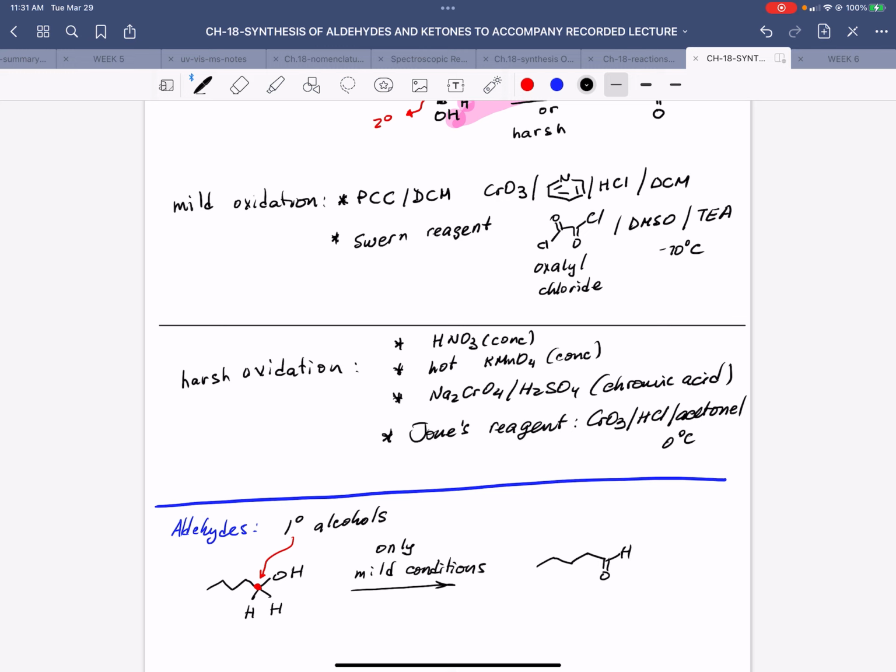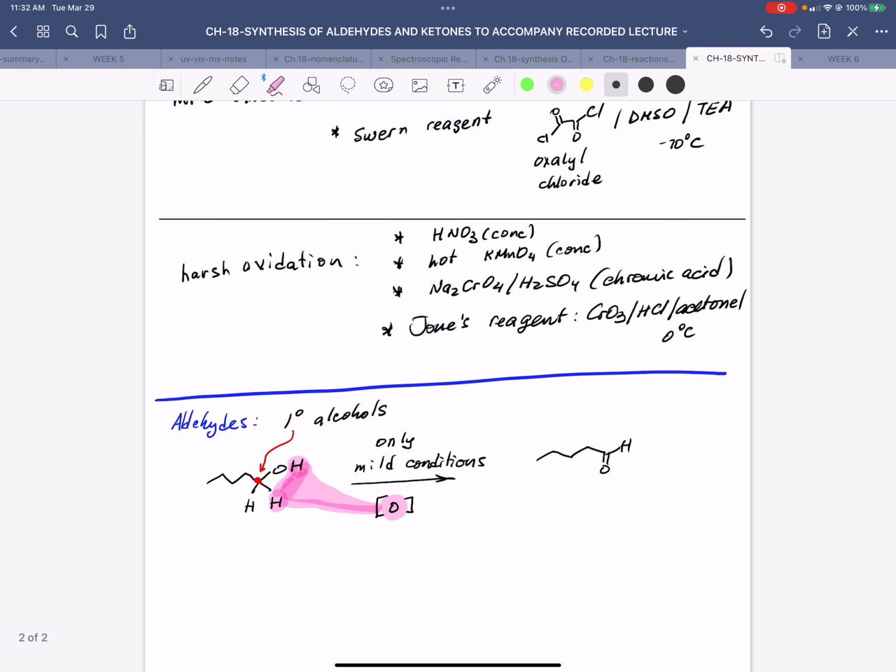And again, remember, for forming a carbonyl, we would need oxygen from the oxidizing reagent, hydrogen from the hydroxy group, hydrogen from your reactive carbon. And if you're using a mild oxidizing agent, you're going to get an aldehyde in this case.